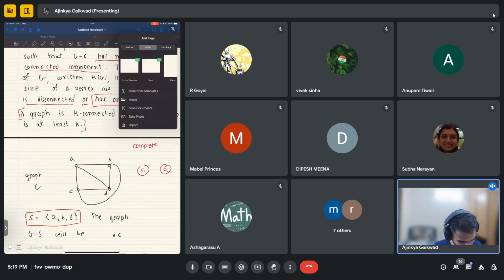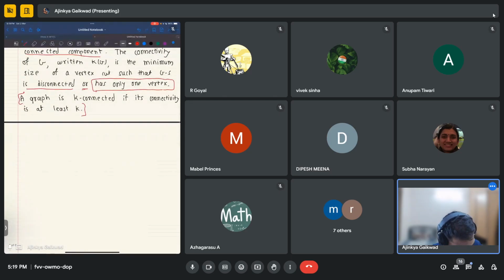Okay. So now let me give one statement, which is that I think some of you already said this. A k connected graph is also k minus 1 connected, right?